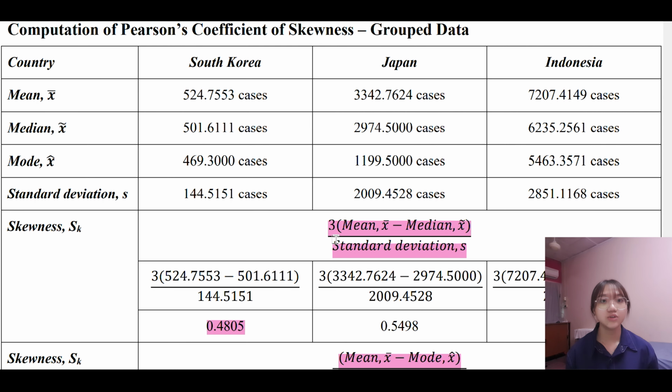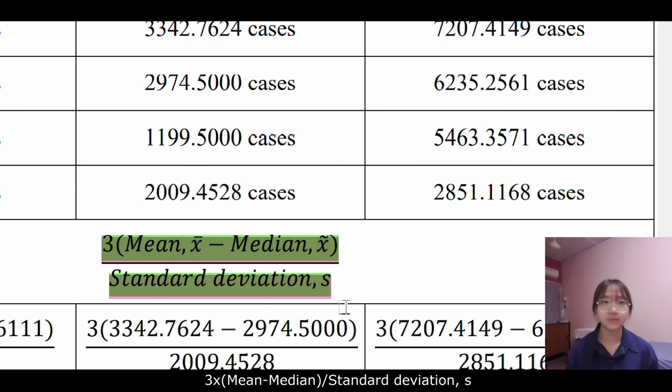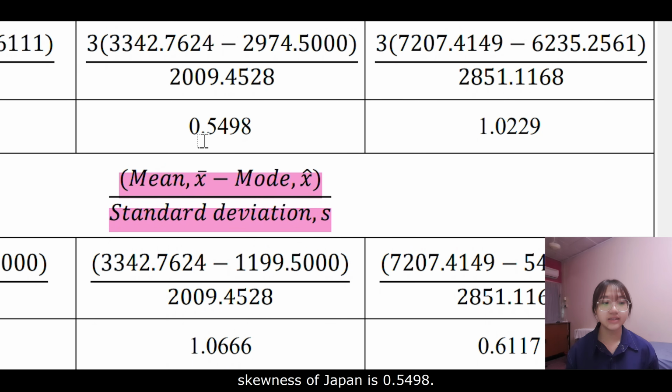If the formula 3 times mean minus median divided by standard deviation S is applied, skewness of Japan is 0.5498. Conversely, if the formula mean minus mode divided by standard deviation S is utilized, skewness of Japan is 1.0666. The distribution of the skewness for Japan is positively skewed.